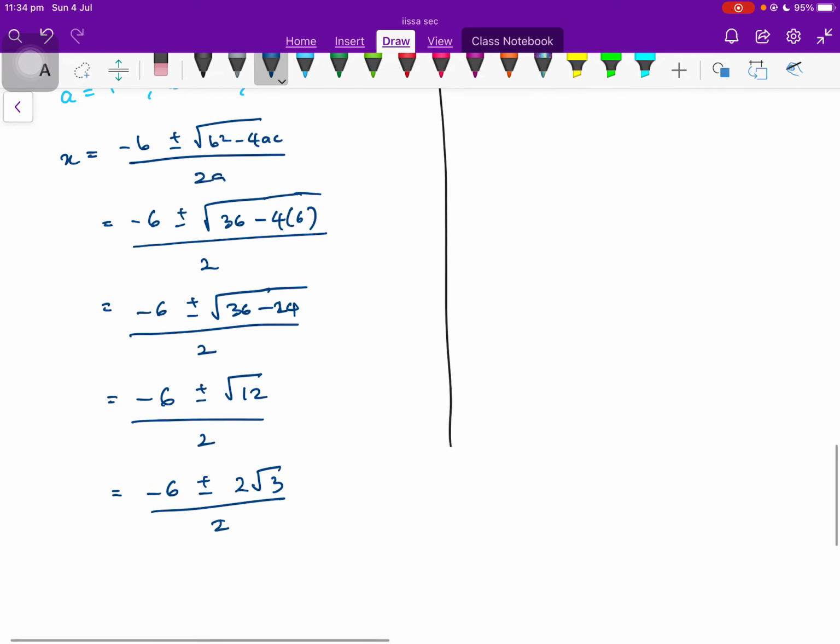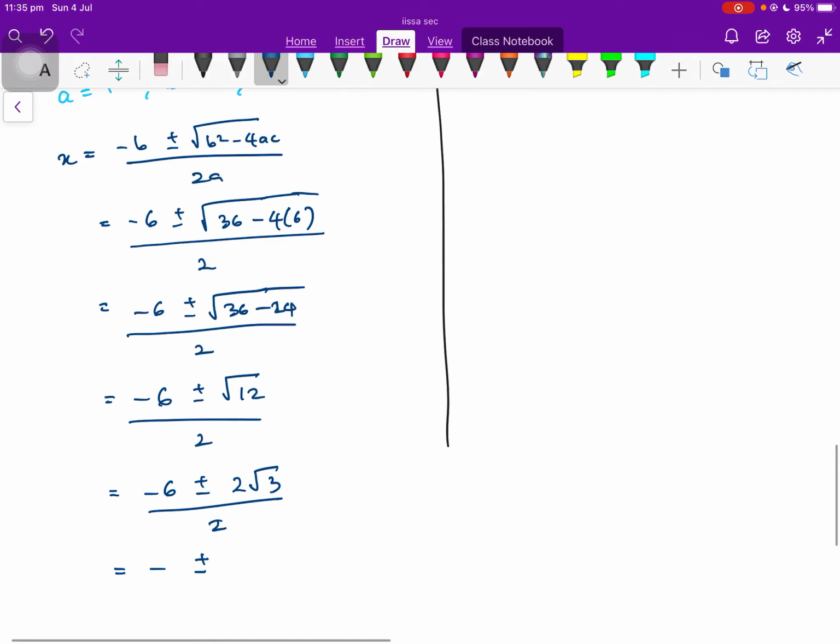And this becomes negative 6 plus or minus, oh sorry, negative 3. We're going to cancel that out. Square root of 3.